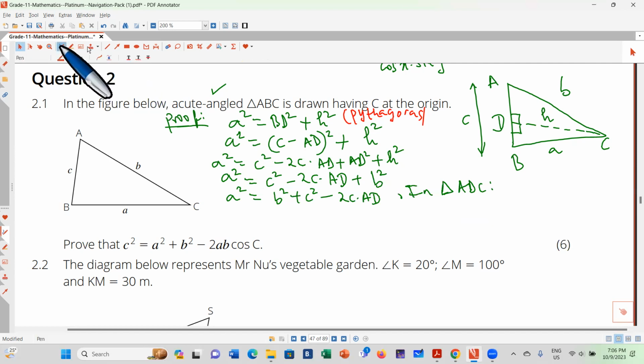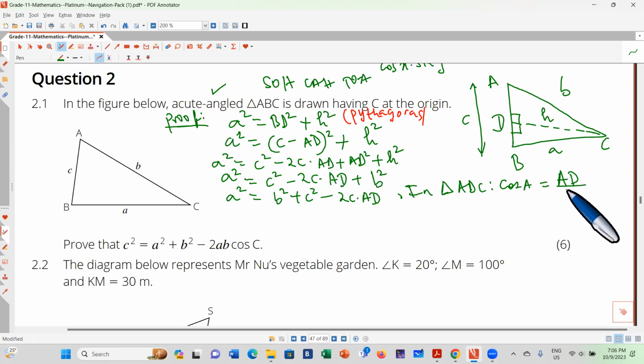We start by saying cosine A, in view of SOHCAHTOA, becomes the adjacent over the hypotenuse, which becomes AD over B. The hypotenuse of the triangle is the longest side, but it is also opposite the 90-degree angle.